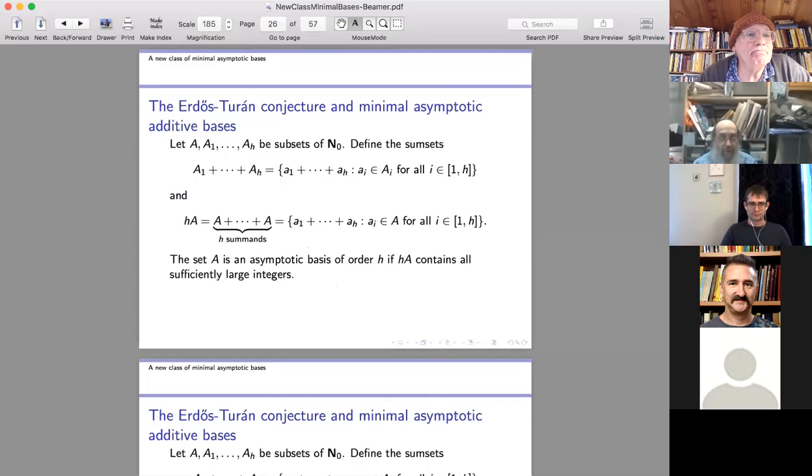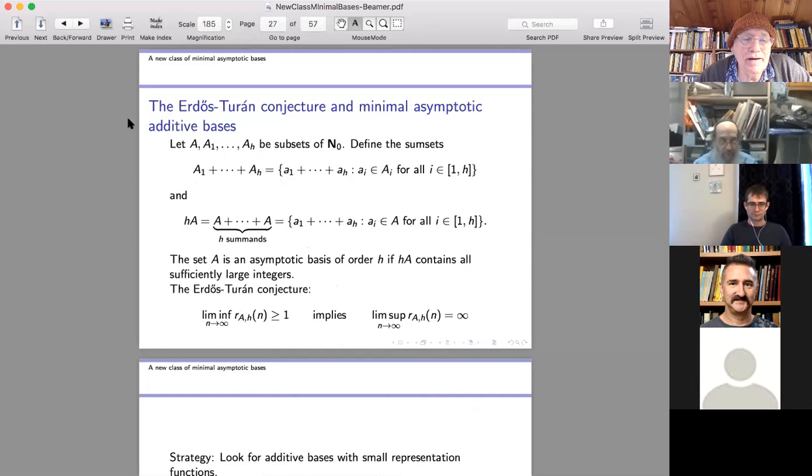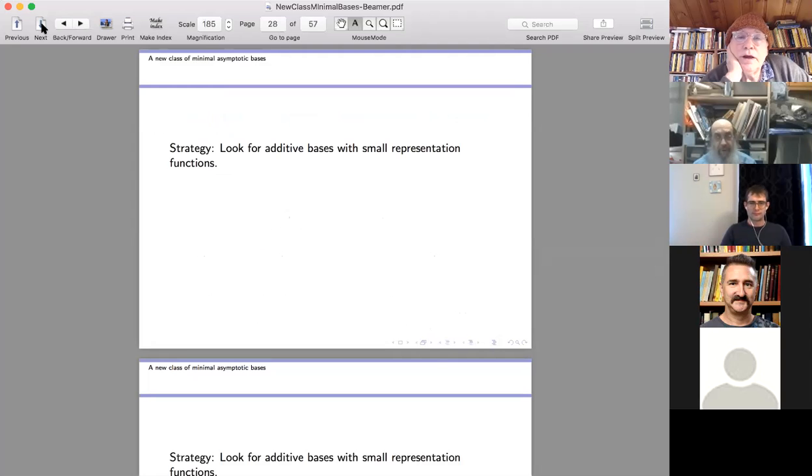And the Erdős-Turán conjecture says that if the lim inf of the representation function for the additive problem is at least 1, then the lim sup is infinity. So one way to study this is, well, there are two possibilities.